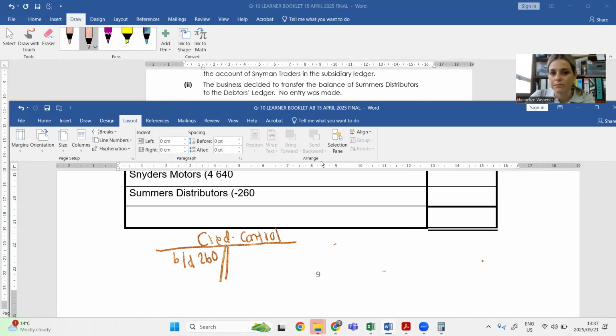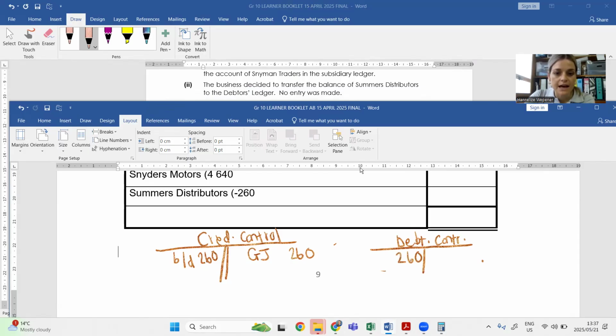I don't want it there because my creditors are liabilities. They should have credit balances. So I'm now going to go in the GJ and I'm going to transfer this amount, this 260 Rand. I'm going to transfer it to his account in the debtors control account. So I would rather reflect this creditor with a debit balance as a debtor.